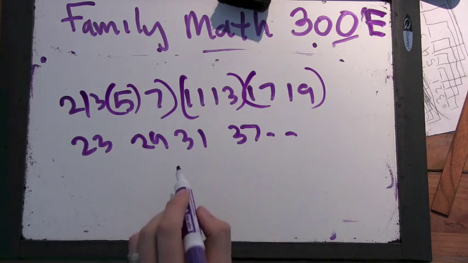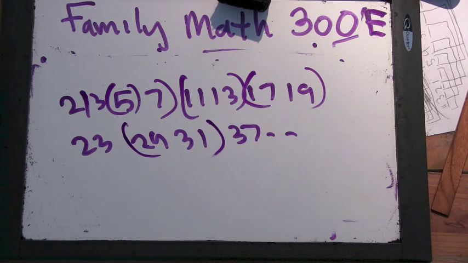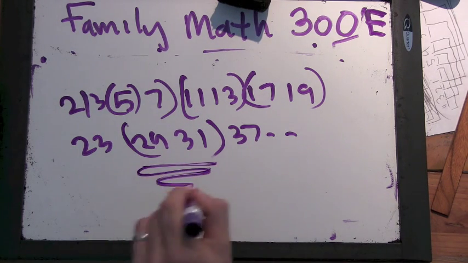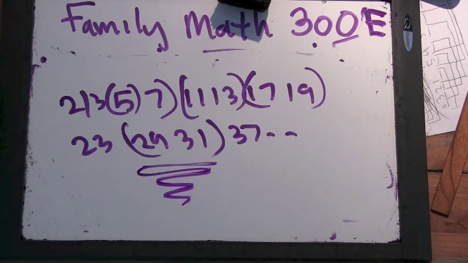Like 29, 31. These are called twin primes. And there's one triplet of primes, 3, 5, 7, which is actually the only one. But nobody knows, even today, this is an unsolved problem, are there infinitely many twin primes?